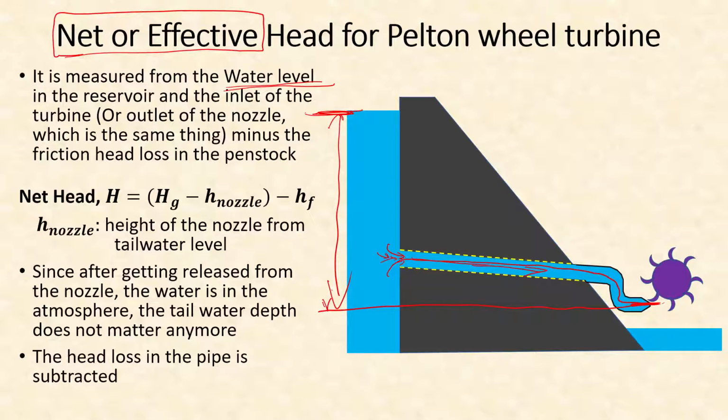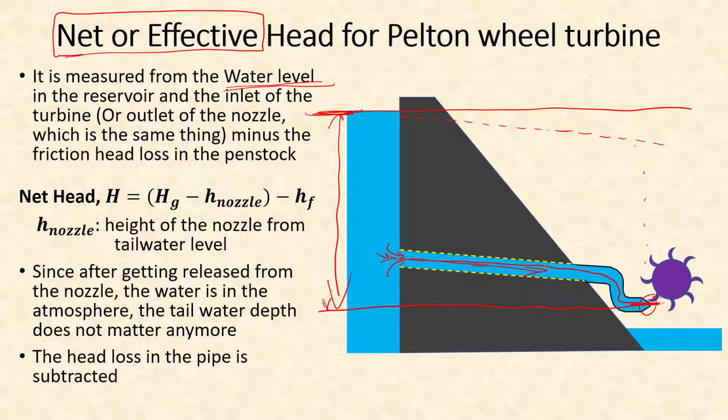and then continuously some head will be lost as it moves along the pipe. And therefore, if we want to draw the energy line, then it will look somewhat like this. It will be gradually decreasing as water moves along the pipe, and therefore instead of having this much head, at this point we will be only having this much head.